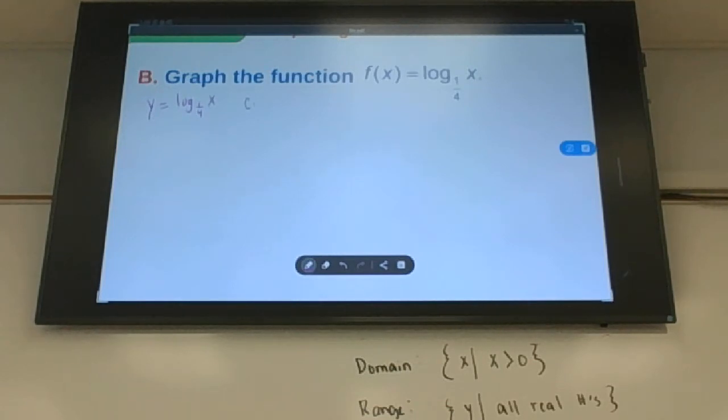And now I'm going to convert to 1/4 to the y equals x.